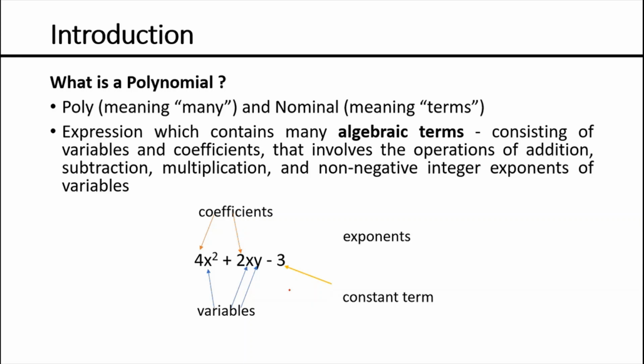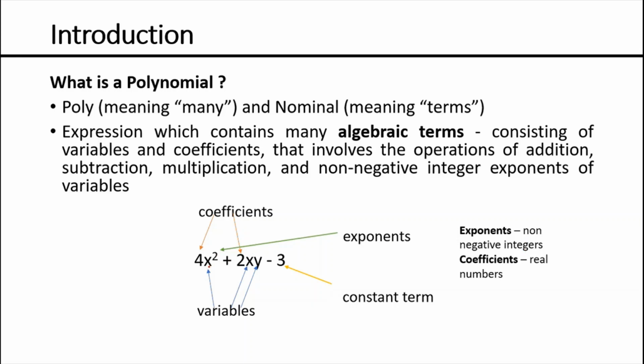Now at last we'll see what are the exponents. So exponents are the powers of variables which are incorporated in this polynomial. Now here there are 2 points which are important and should be kept in mind. That is, the exponents are always non-negative integers.